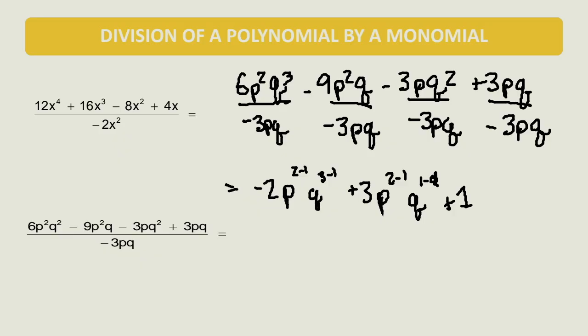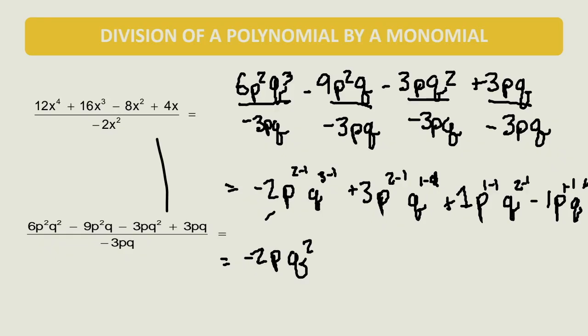P, 1 take away 1, q, 2 take away 1, and then minus 1. I'll write the 1, whatever. P, 1 take away 1, and q, 1 take away 1. Okay, so I get negative 2, and then I get p to the power of 1, we'll just leave it like that, q squared. Okay, so negative 2p q squared plus 3p.